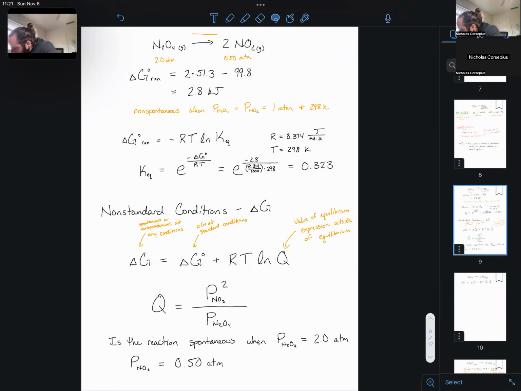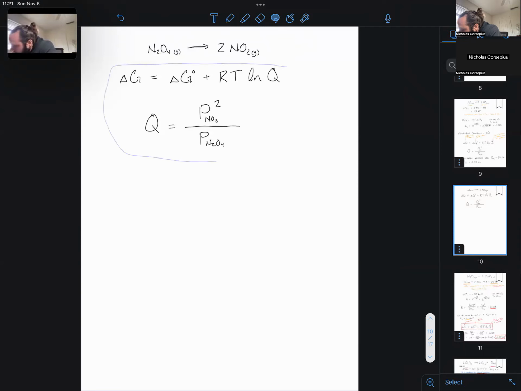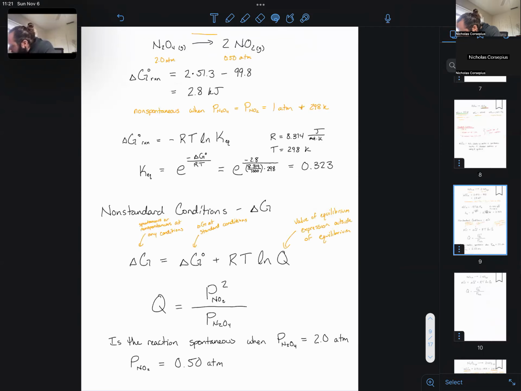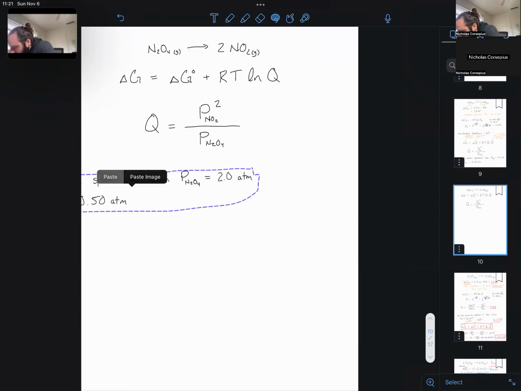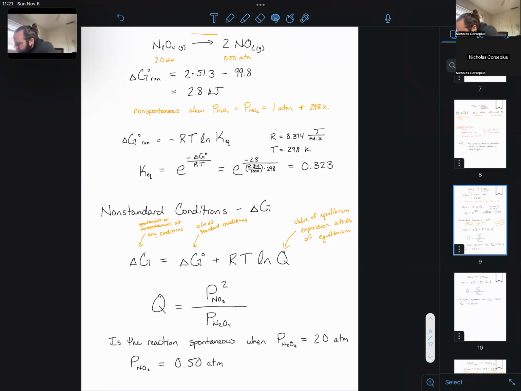We're going to need to use that expression for Q, and we're going to use these combined to figure out whether or not our reaction is spontaneous at these conditions here, right? So not standard conditions, this would be non-standard conditions. And then we'll also need this delta G naught that we calculated.